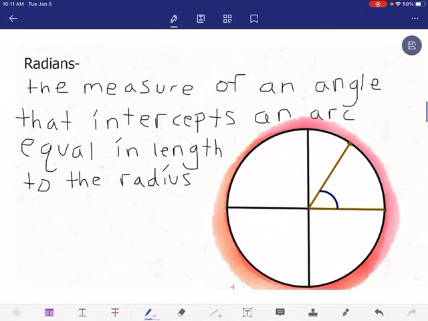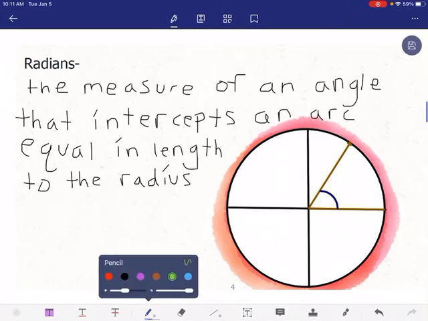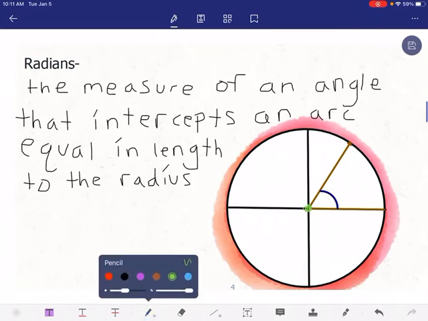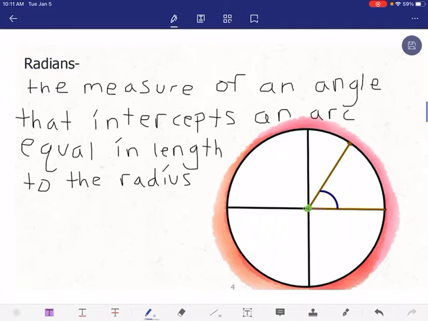So here I have a circle. The center of my circle would be here, assuming that those lines are actually perpendicular, which mine's slightly off, but that's okay, we can imagine. So notice that this first line would be my radius.